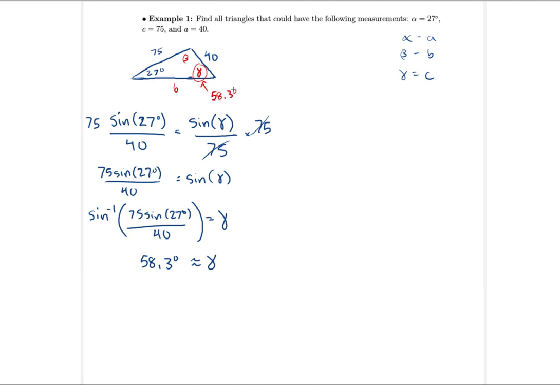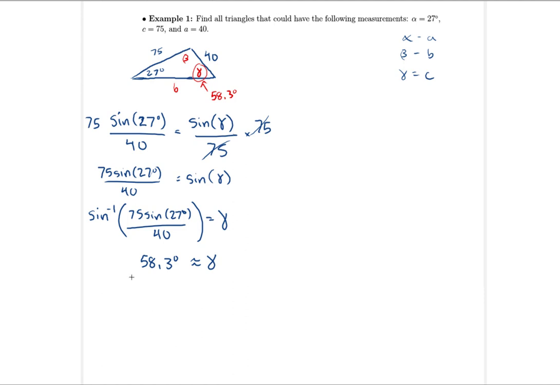And let's just look at our picture. My picture is actually pretty good. That looks like an angle a little less than 60 degrees, so I'm pretty happy with that. And then from there, I know that I can find my other angle, because all the angles of a triangle always have to add up to 180 degrees.